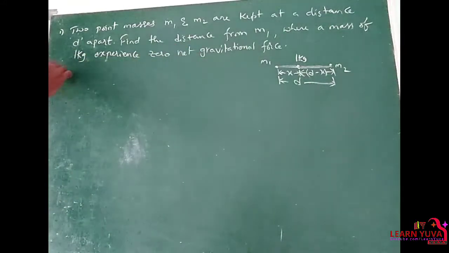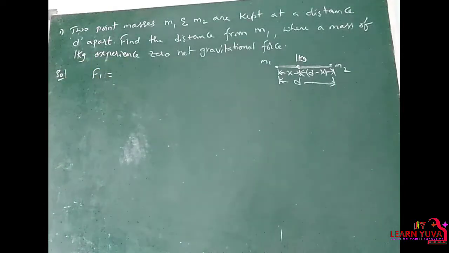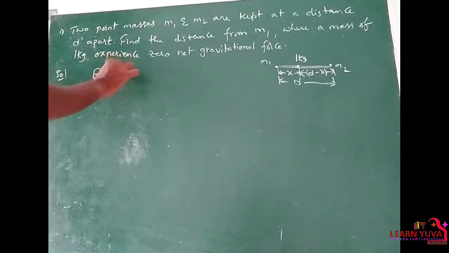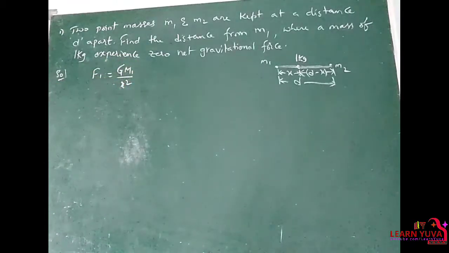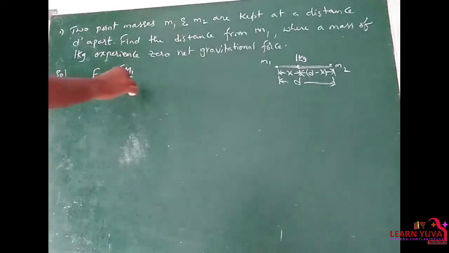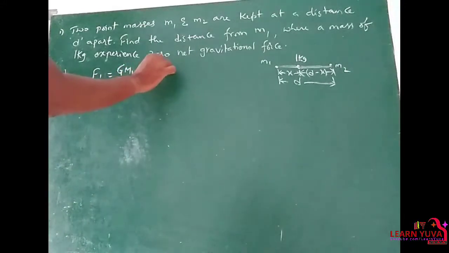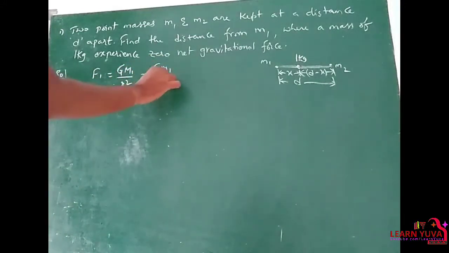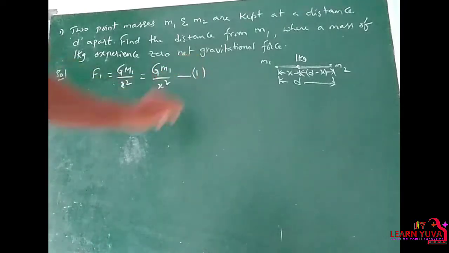Net gravitational force on the mass due to M1, F1, is equal to G M1 by R square. Here R square is nothing but x square, so F1 is equal to G M1 by x square. It is equation 1.